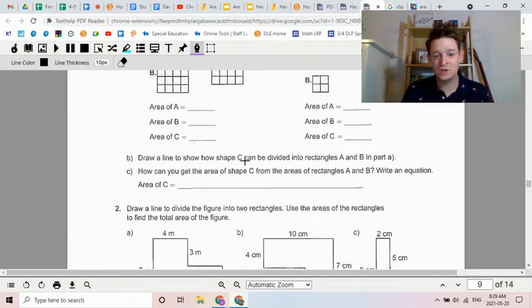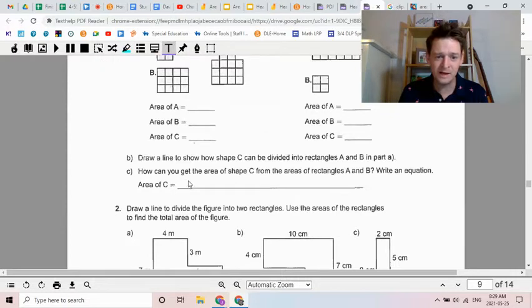It says, draw a line to show how shape C can be divided into rectangles A and B in part A. I just showed you that for part A for the first one, and then there's 3 others where you're going to need to divide shape C. And it says, how can you get the area of shape C from the areas of rectangles A and B?